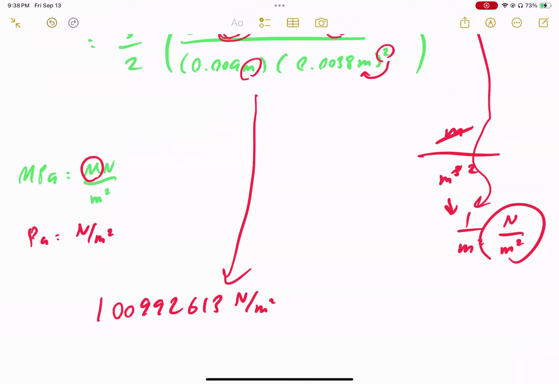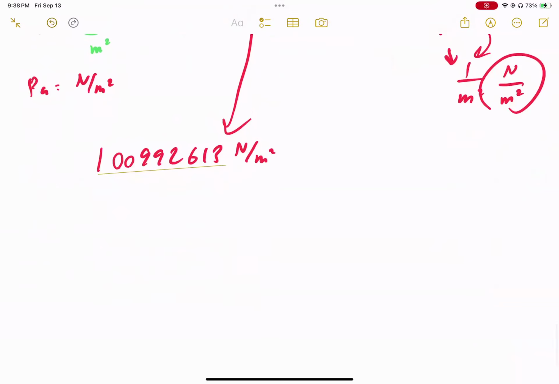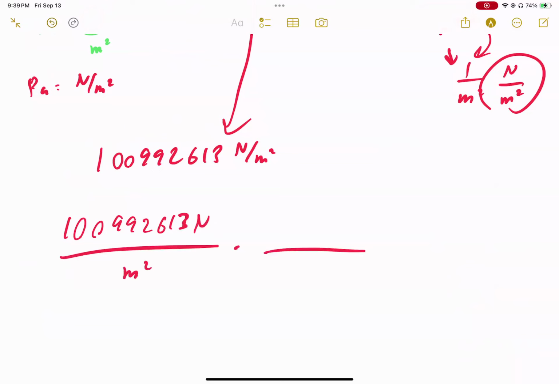And you might think to yourself, wow, that's a very large number. Not very practical now, is it? And you're right, I would not want to work with that number if I were you. So what I'll actually do is take that 100992613 newtons over meter squared, and I'll convert this into meganewtons.